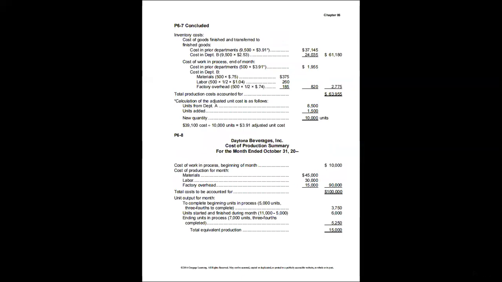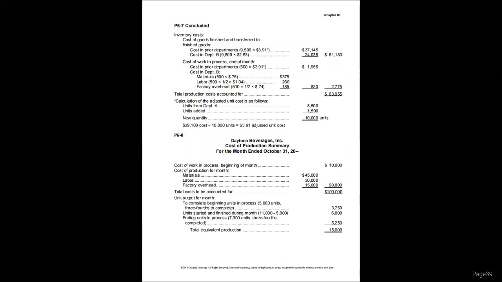Now the inventory cost of goods finished and transferred to finished goods, we have 9,500 units times, now we have 3.91. Now initially we have 2.53.